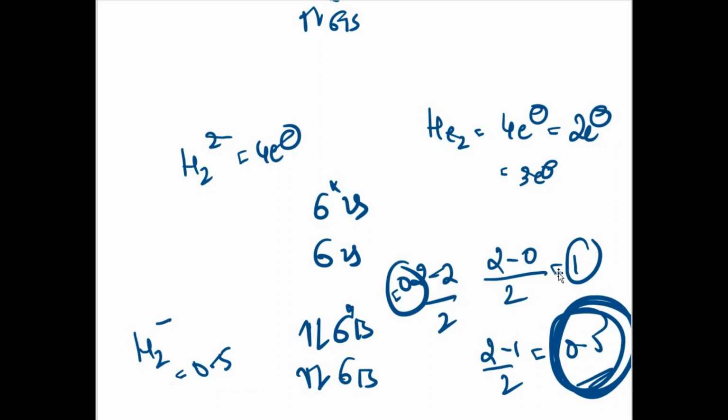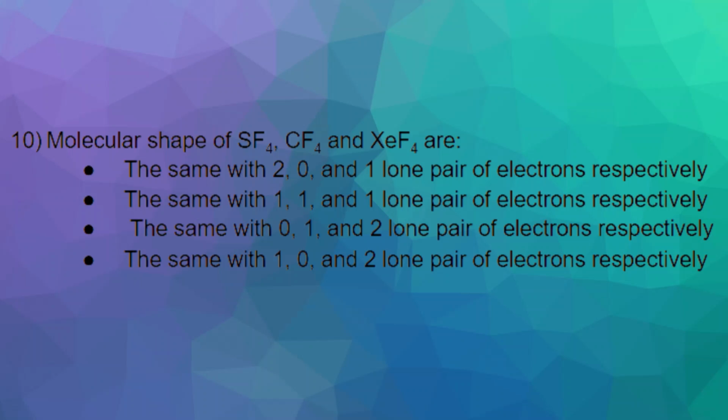Moving on to the last question of this series, that is chemical bonding. SF4, CF4 and XeF4, molecular shape of them are. Okay. So how do we do? SF4 means 10 electrons, TBP. Draw the structure.